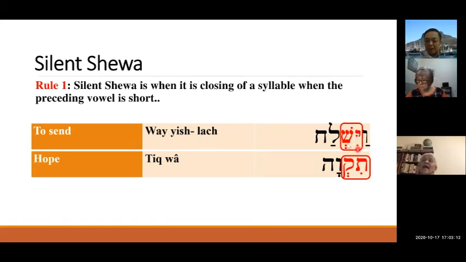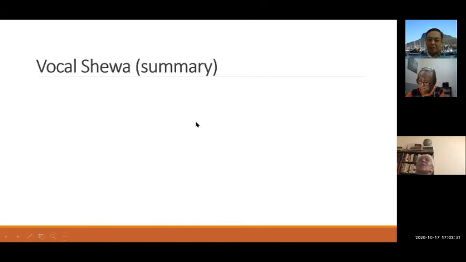Right? So wayish. Then you have la. Wayish la. Then this one is also a short vowel as well. That's why you get the silent schwa together with it, so they can form a syllable. Tik wa, tik wa.